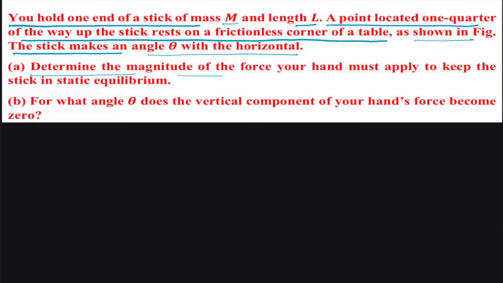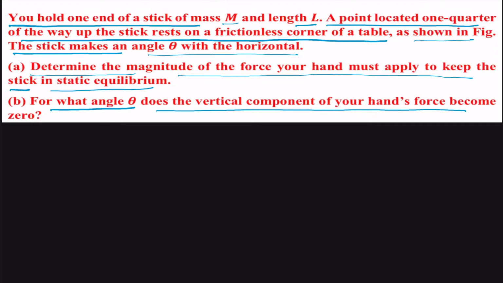Determine the magnitude of the force your hand must apply to keep the stick in static equilibrium. For what angle theta does the vertical component of your hand's force become equal to 0? So this is a case of static equilibrium, and the resolution of the forces is going to play a very important part in this.